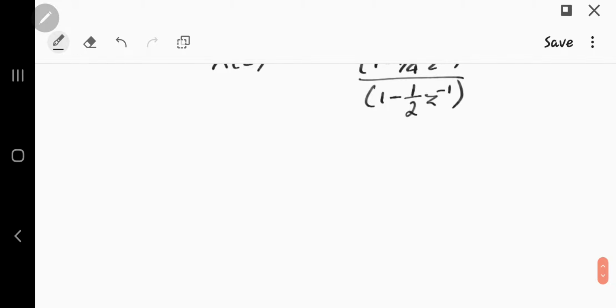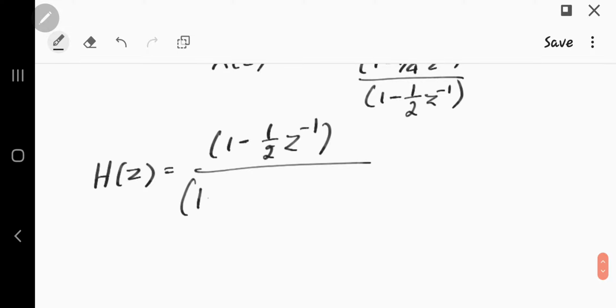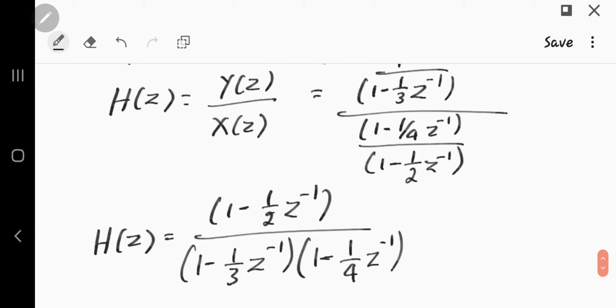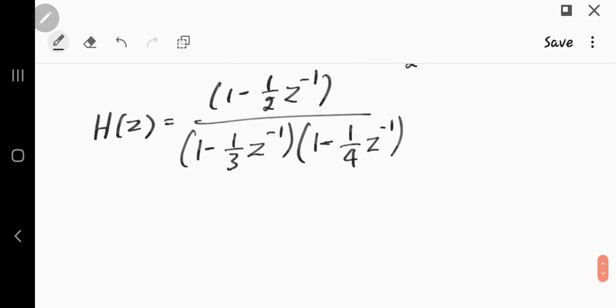Now if you simplify this, you will get h of z is equal to, so the denominator of the denominator goes to numerator. So we get 1 minus 1 by 2 z inverse divided by 1 minus 1 by 3 z inverse into 1 minus 1 by 4 z inverse. Now this is the h of z.